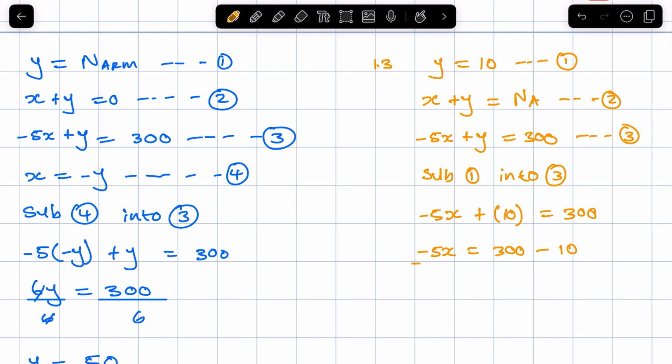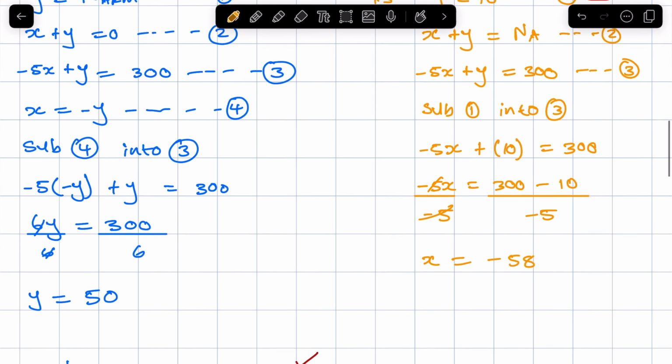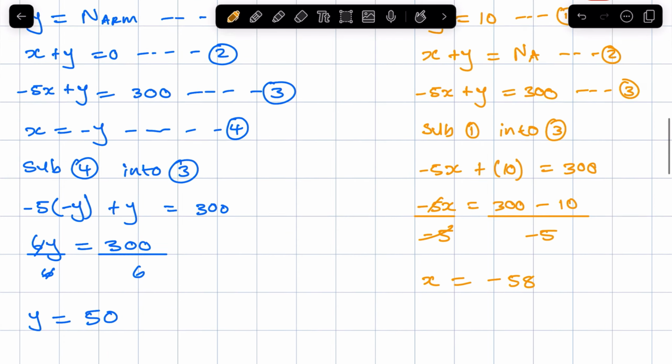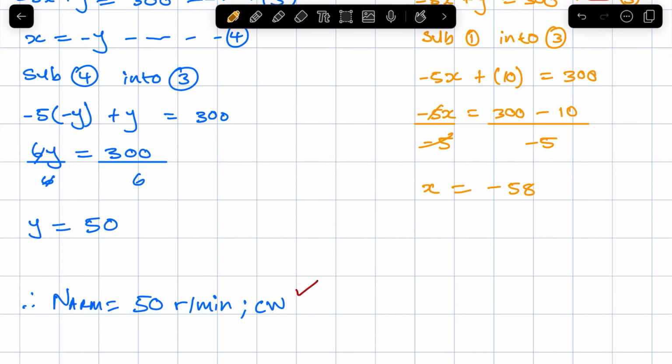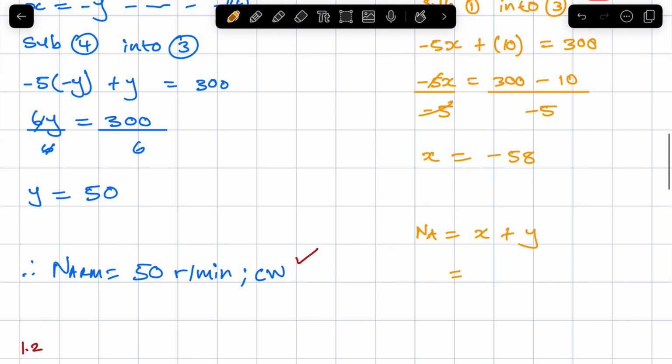Solving for x, we have to divide both sides by negative 5. And the value of x then becomes minus 58. If you punch that in your calculators, you should get minus 58, right? So now to get NA, NA is equal to x plus y. X is equal to minus 58.